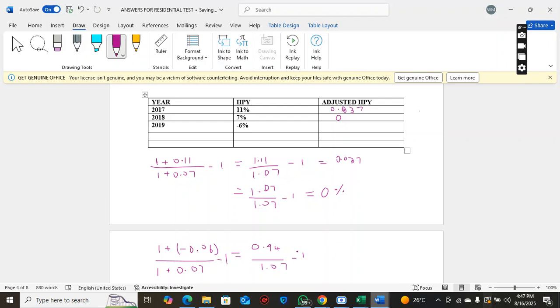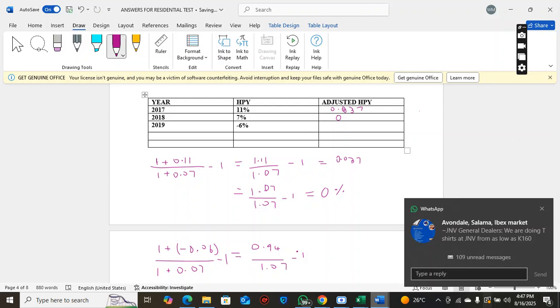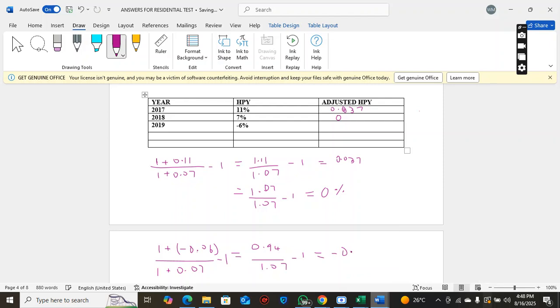So 0.94 divided by 1.07, you get 0.87, minus 1, negative 0.12. So here, negative 0.12.